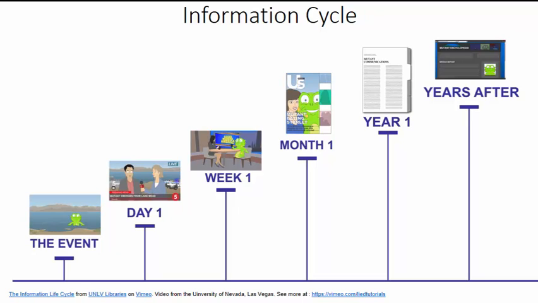About a week later, we're going to see the event reported in some talk shows or like Good Morning America. A month later, we might see it published in a magazine that you might buy at the grocery store. But formal research doesn't really come out until maybe a year later, and formal publication in a library database or a physical book might not happen until years later.